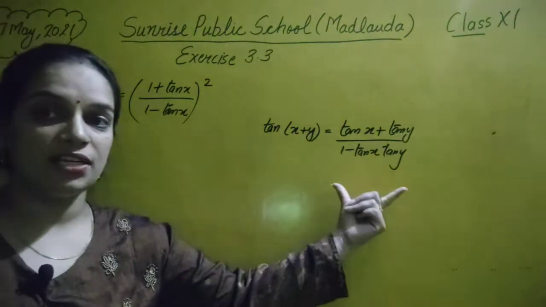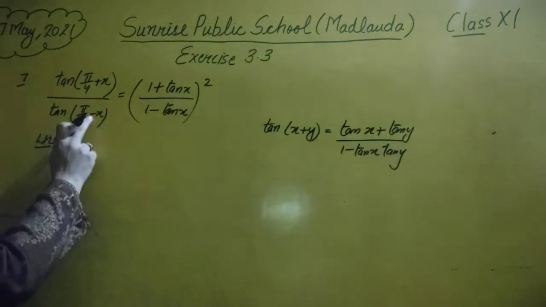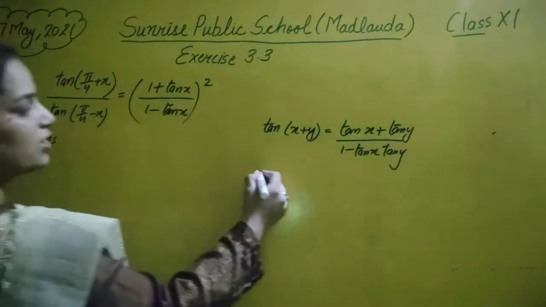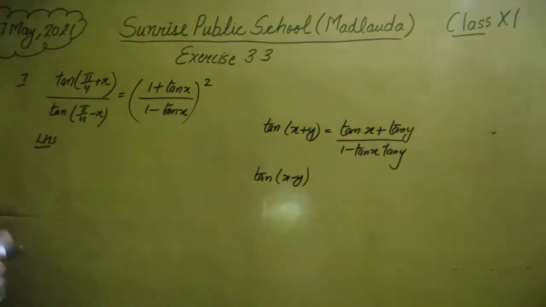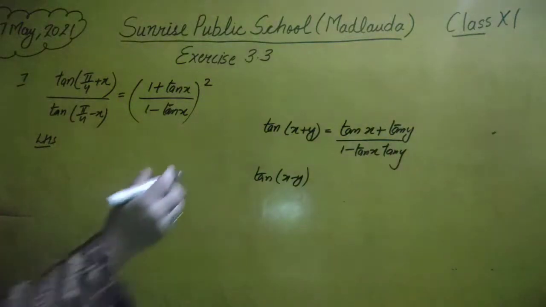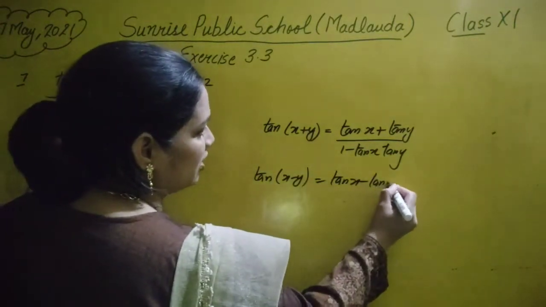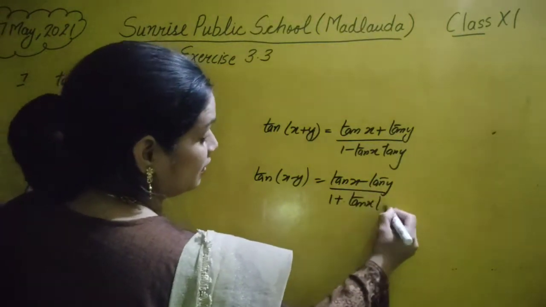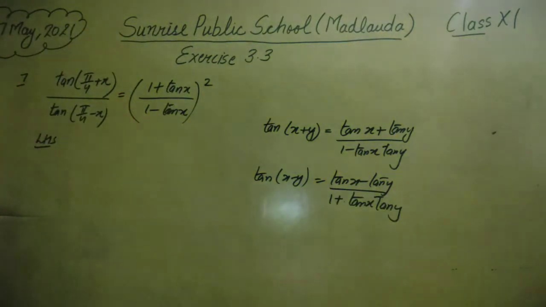So, we will change x and y in the right hand side of this identity. And in the denominator, there is minus sign between pi by 4 and x. So, we will use the identity tan(x - y). If there is minus sign between x and y, the identity will become tan x minus tan y divided by 1 plus tan x into tan y. We will use this identity.